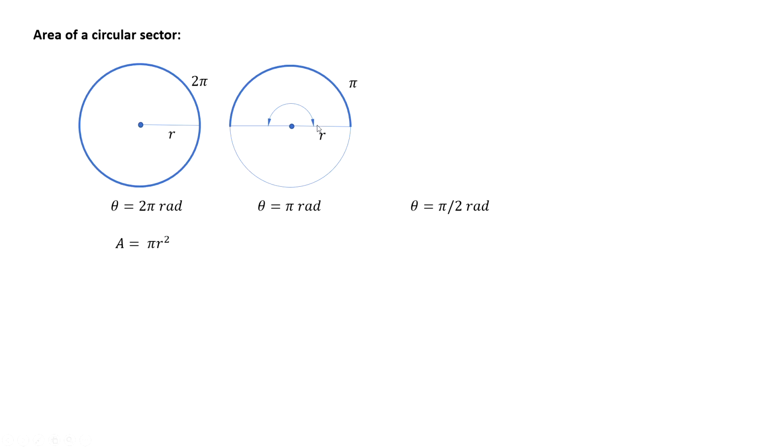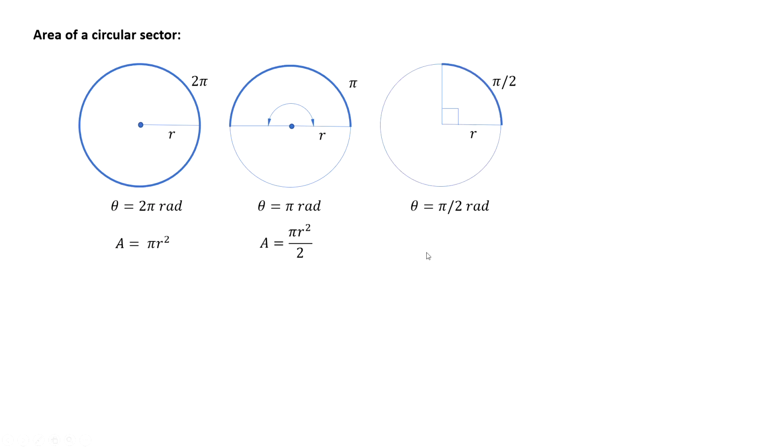In that case, the angle subtended is pi radian, right? Half of 2 pi, pi radian, and the area of a semicircle is 1/2 of pi r square, right? Pi r square over 2.